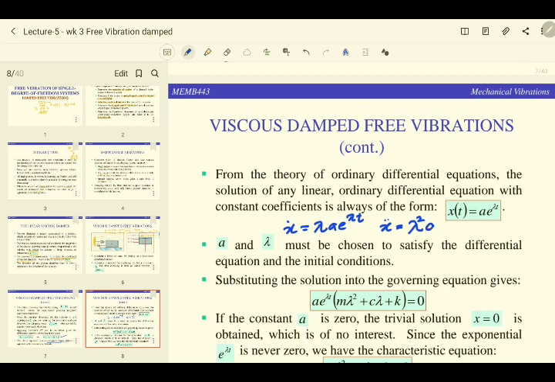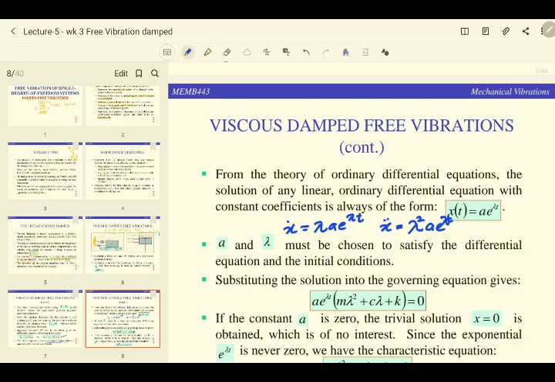So you have A e to the lambda t. Okay, so what you do is you substitute into the equation.